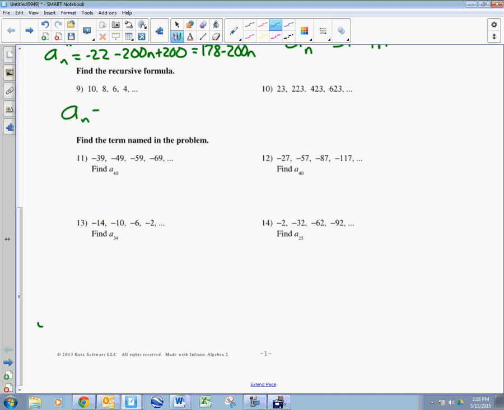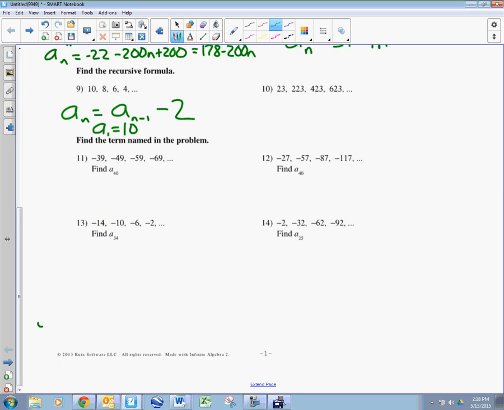So the next term is simply the previous term minus 2. But that's a vague recursive formula, because I do not know where to start. So I have to tell it that a sub 1 is 10. Now I could generate all the rest of the terms, couldn't I?